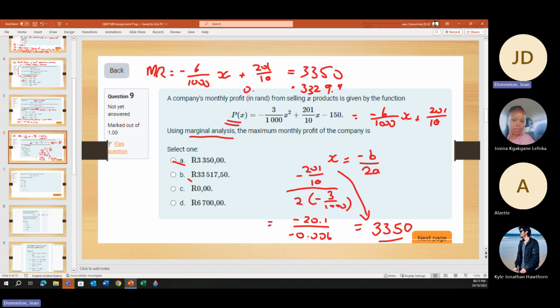On this side we have 0.006. No. Okay, so we know B is correct.